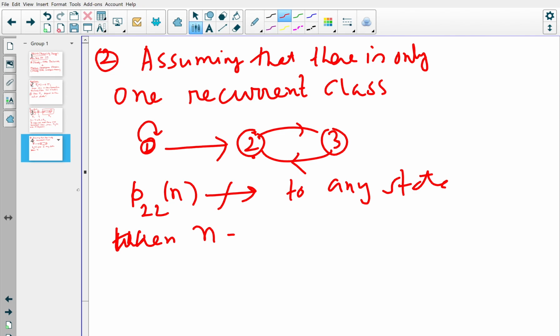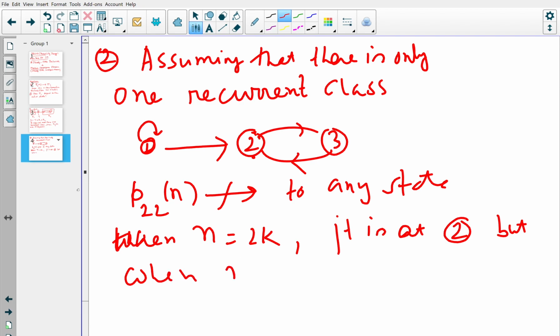When n is of the form 2k, even, then it is at 2, but when n is 2k plus 1, odd, then it is at 3, right? So it's oscillating, and this limit does not exist.